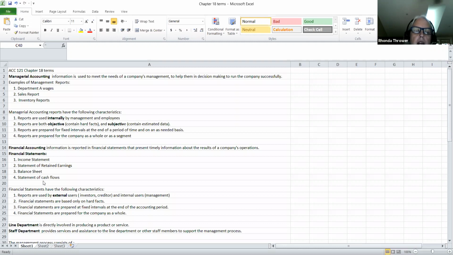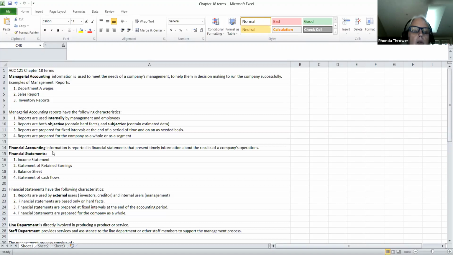And then there's the statement of cash flows that was discussed briefly in Chapter 1 in ACC 120. This is just going to show you how our cash is brought into the company versus how it is spent. These are examples of financial statements.